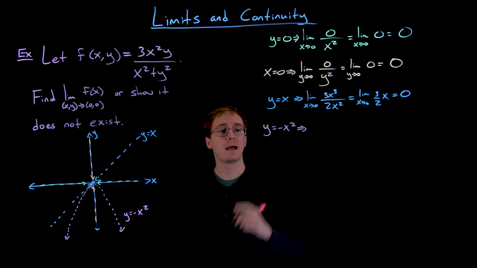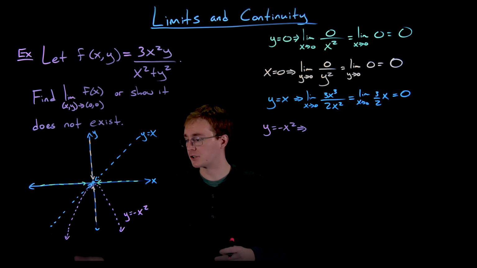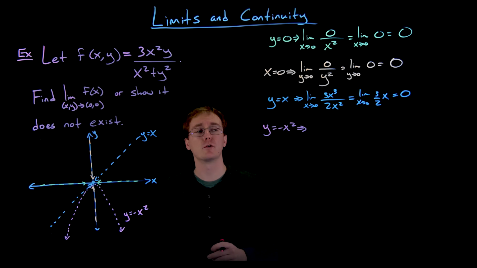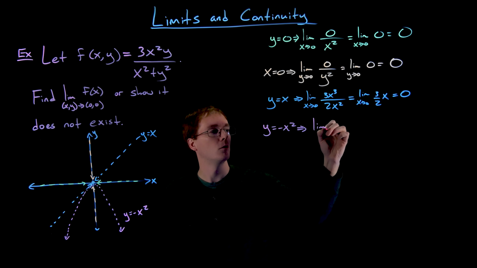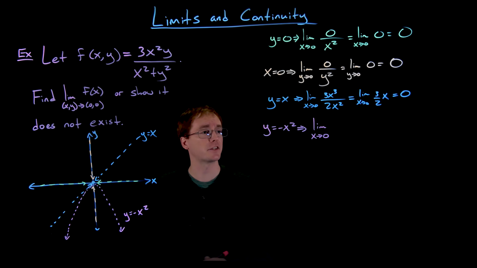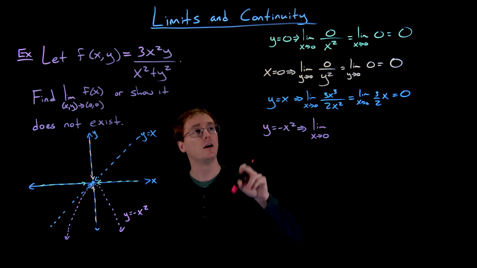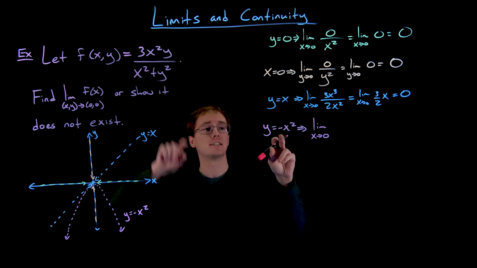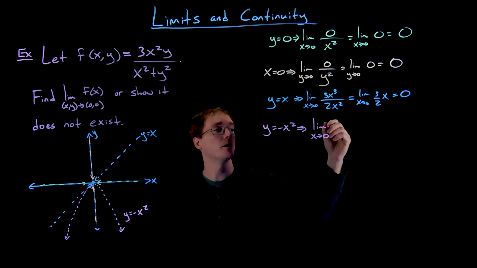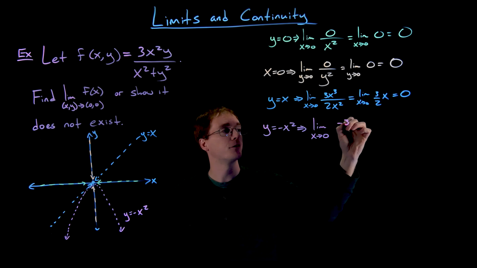All right, so if we're on the path where y is equal to negative x squared, or we're on this flipped over parabola, then what is going to happen to our limit? Well, we can write it as the limit of a single variable function using just x now, because we'll replace each y with negative x squared. So our factor of y in the numerator is going to be replaced with a negative x squared, and that will give us a negative 3x to the fourth in our numerator.